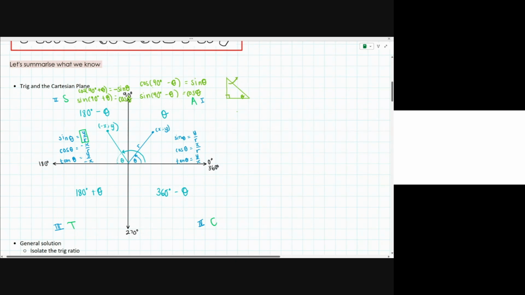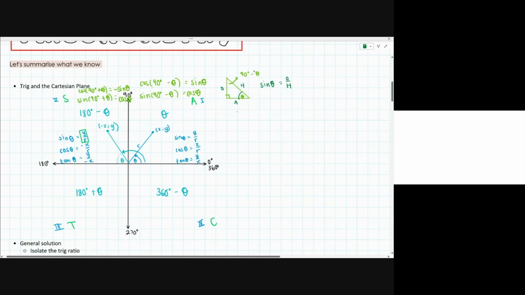This angle, through sum of angles in a triangle, is 90 minus theta. That's just basic geometry. If I wanted to find sine theta, here's my reference angle theta. This is the adjacent side, the opposite side, and the hypotenuse. Sine theta would be opposite over hypotenuse.